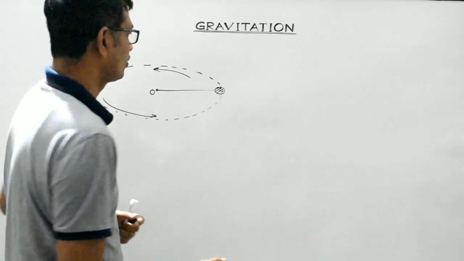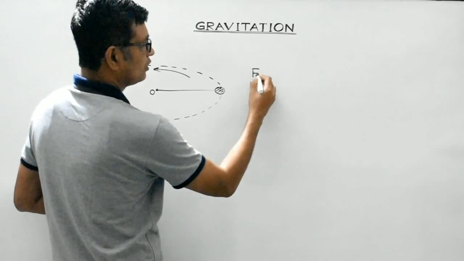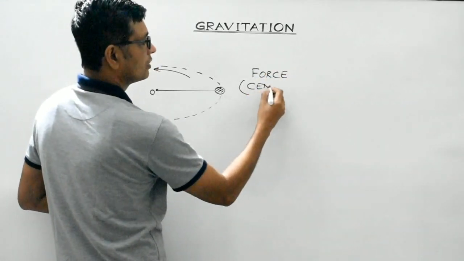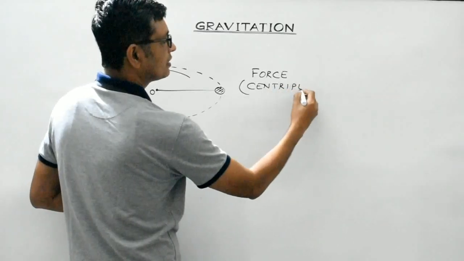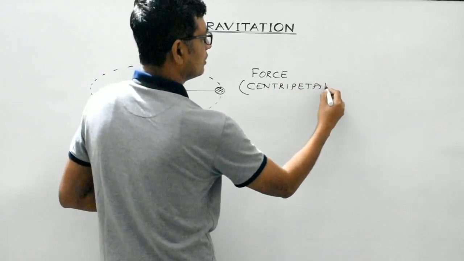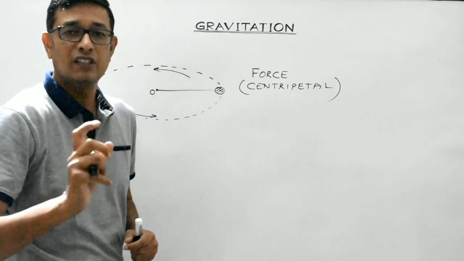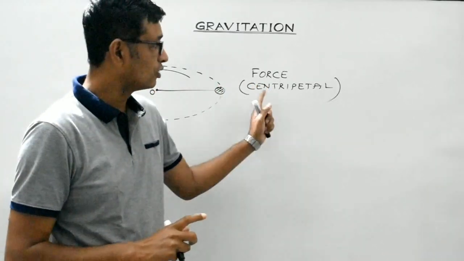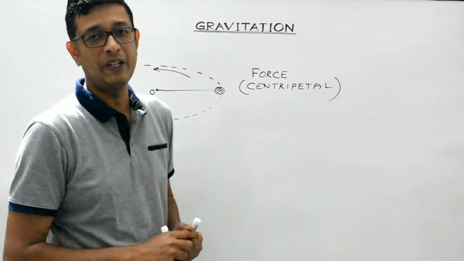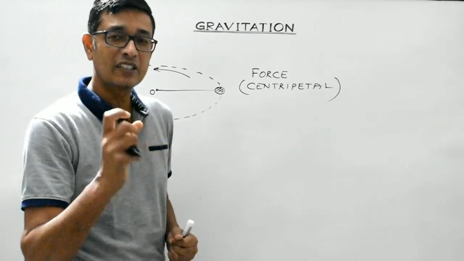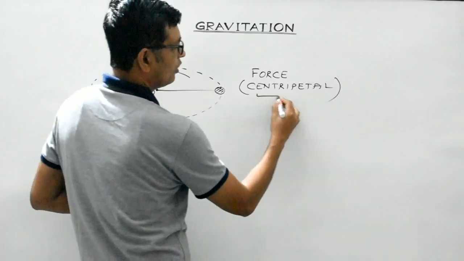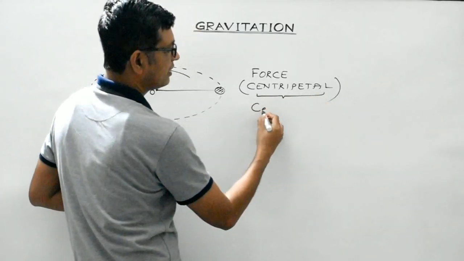And that force, students, I have told you, is known as centripetal force. So whenever a body moves along a circular path, the force involved must be centripetal. The literal meaning of centripetal is center seeking.